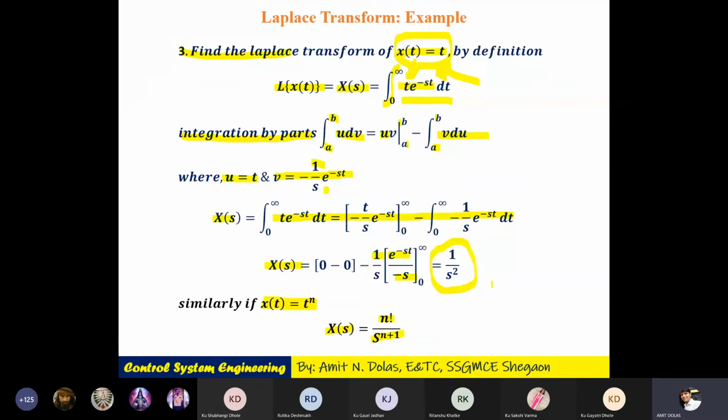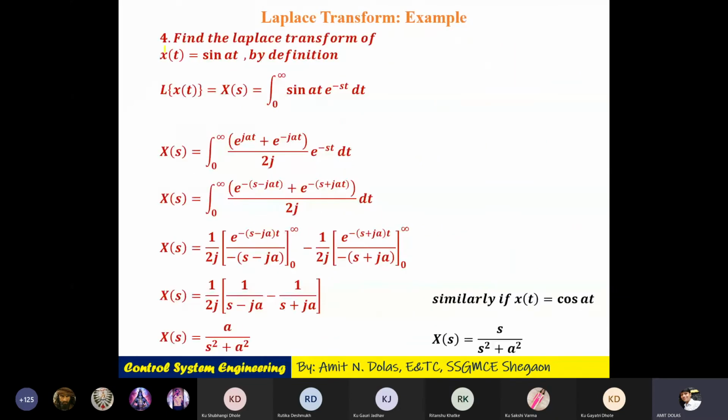Similarly fourth example, एक sinusoidal signal लिया है x of t is equal to sine of at, kept into the definition of Laplace transform. Then it is solved.